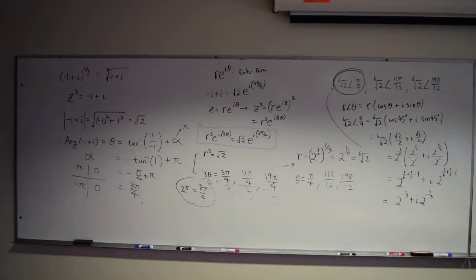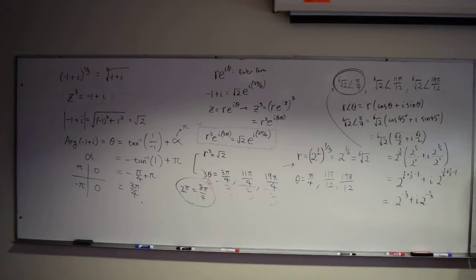So that's what your answer is. So this is one of the answers in rectangular form. The other two, you can't write in rectangular form without the aid of a calculator or some harder formulas.